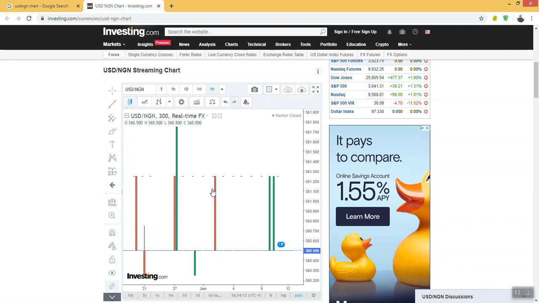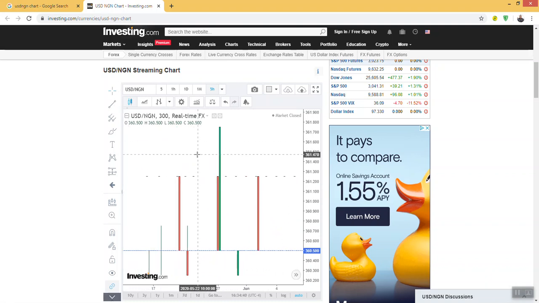So the trader opens a buy limit if he or she believes that the asset's value will increase after the position is opened. First of all, before we even talk about a buy limit, the price must have fallen. Do you get?